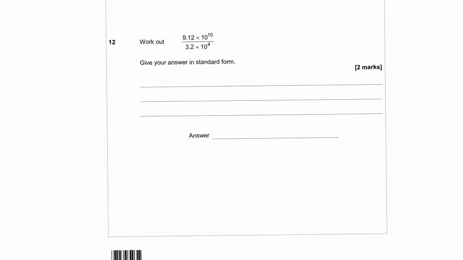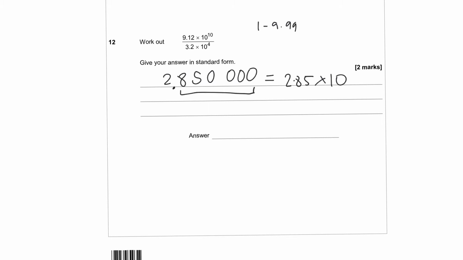And you should come out with an answer which would probably come out like this: 2,850,000. But then to write it in standard form, remember the first number must range between 1 and 9.99. So fit the decimal place in here to make it 2.85, which fits within that range. Then to work out what the power is, look at how many spaces are after that decimal place, which is 6. So 2.85 times 10 to the 6.